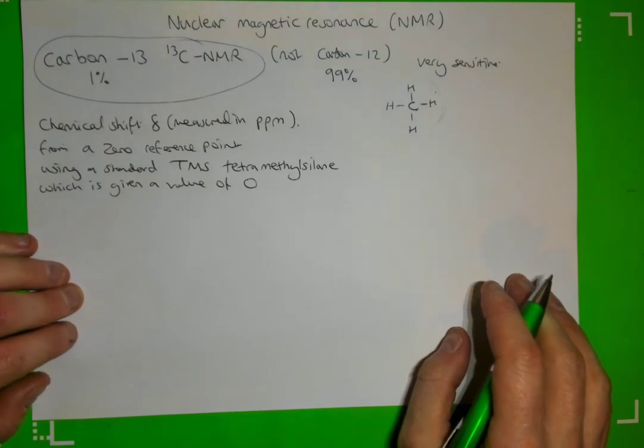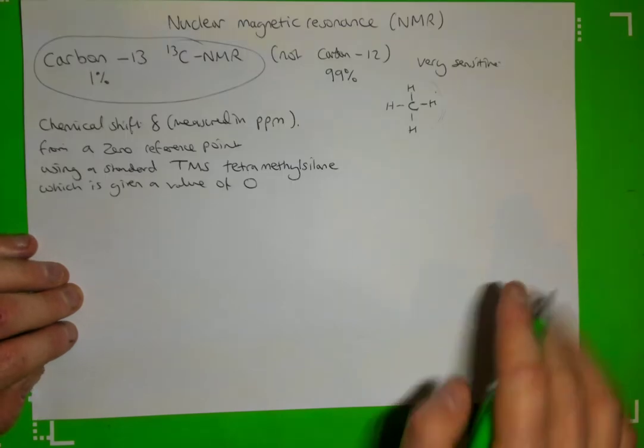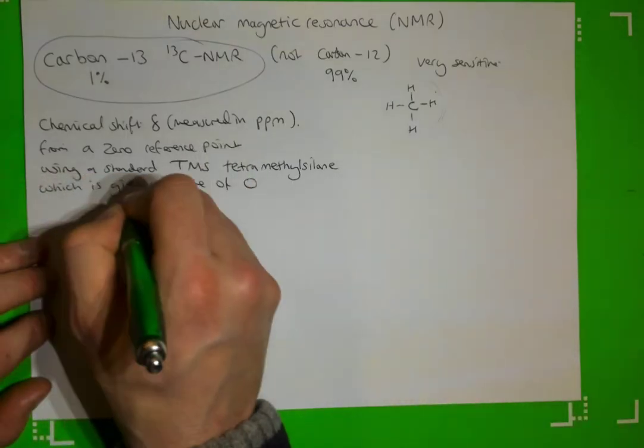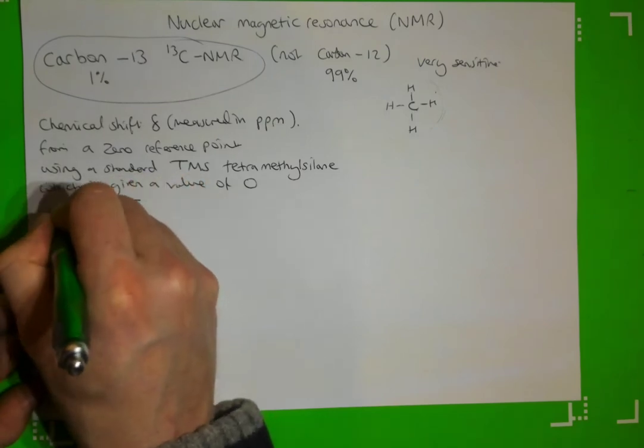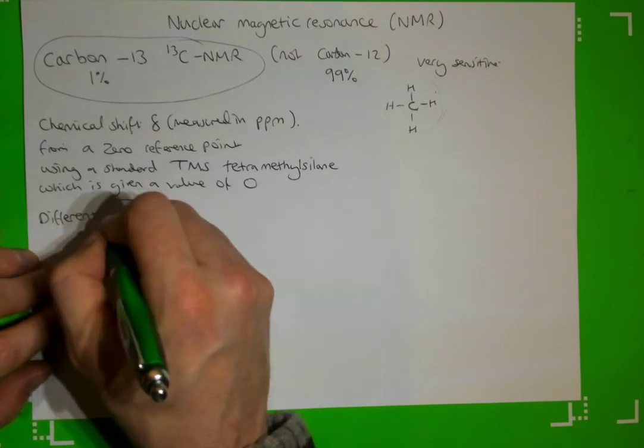So the main point about carbon-13 NMR is that carbon atoms in different environments will give different chemical shift values. I'll tell you what I mean by an environment in a second.